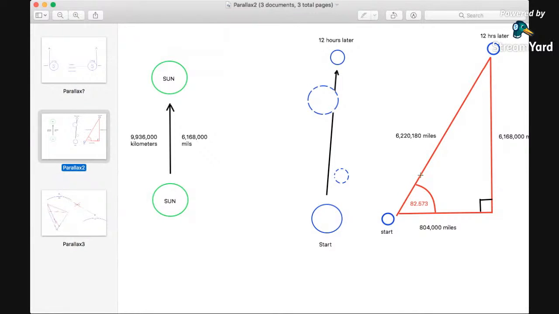That's what the Earth would have traveled through space while keeping the EQ mount fixed on that star, which is obviously also moving through space to be at the end of that line of sight. See? And here it says 82.573 degrees. What does this mean?